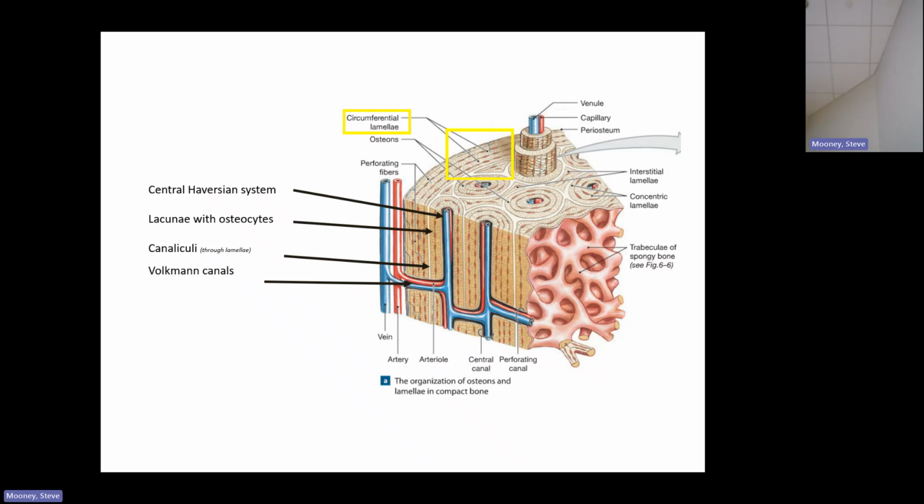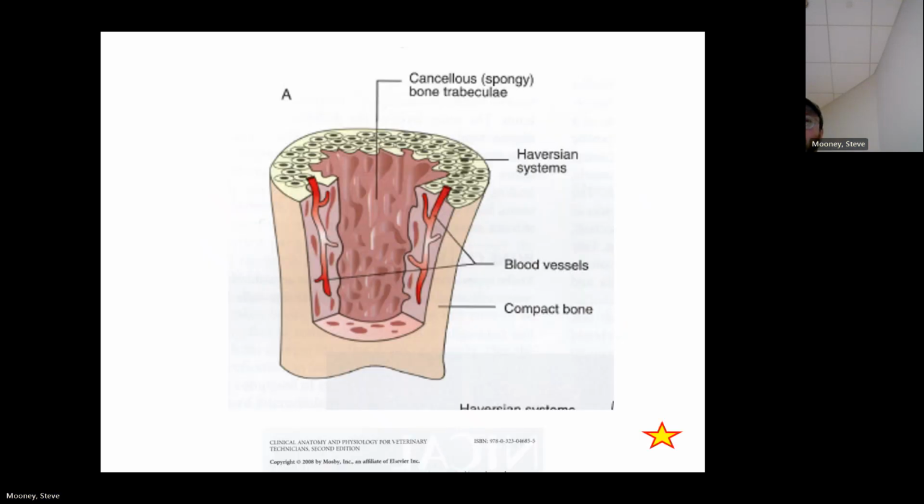Each osteon has its own blood supply, and we service a number of osteocytes in that osteon. So we gather those together. That becomes our compact bone on the outside.